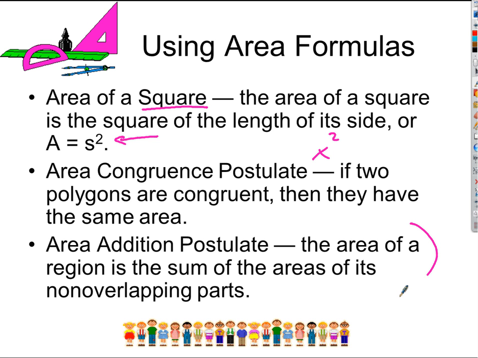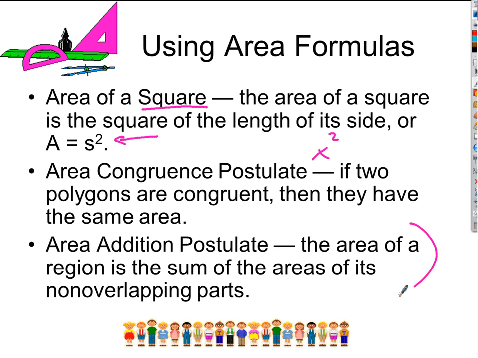This one down here seems pretty simple also, but it's very, very useful. We're going to make liberal use of this today. And coming up, we're going to develop the area formulas for all the quadrilaterals just by cutting and pasting and making simple shapes out of complicated shapes, which we do a lot in geometry. Later on in the year, when we start talking about volumes and surface areas, we're going to create some pretty complicated looking shapes and calculate volumes and surface areas of these things simply by cutting up the composite shape into a sum of simpler shapes.